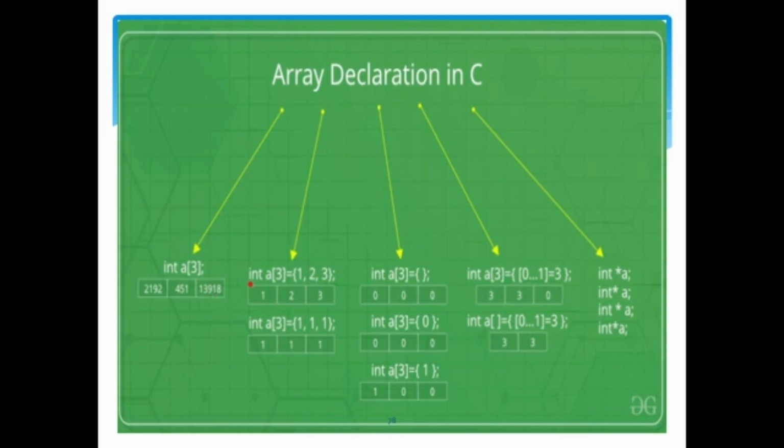You can also initialize the elements in the array. For example, int a[3] = {1, 2, 3}. Nothing but you have given the values for the slots. For the first slot, the value is 1; for the second, it is 2; for the third, it is 3.